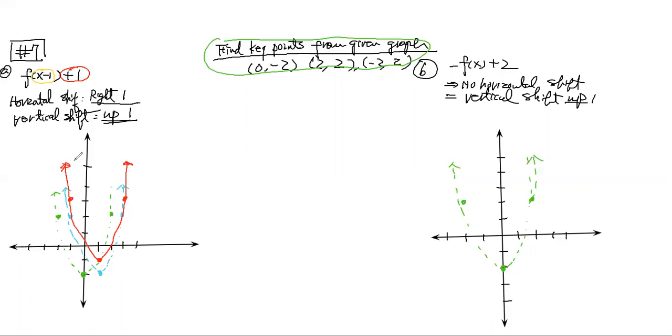Okay, now the next one here. So in here, we need to do this function first, right? So in here we see there's a negative, right? So we know if it's negative, what does that mean?